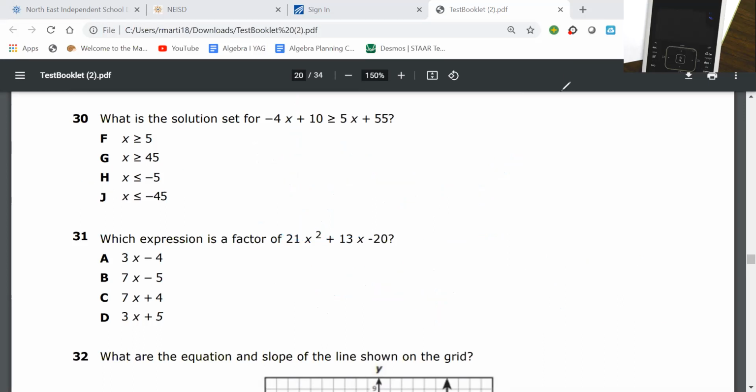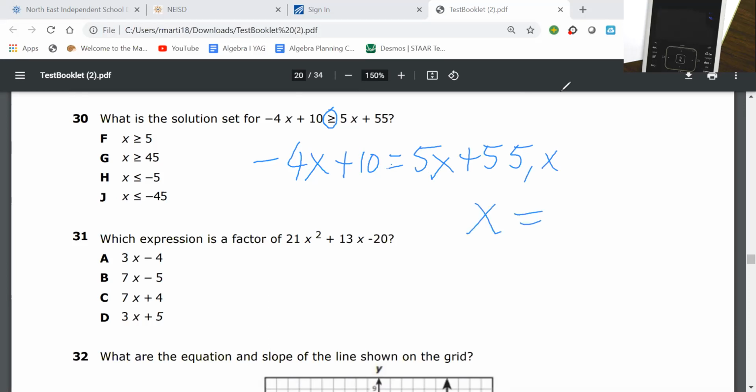If you're having a hard time with that, change this to an equal sign and put it in your numerical solve. So you end up with minus 4x plus 10 is equal to 5x plus 55. When you put that in your numerical solve, it's going to say that x is equal to negative 5.